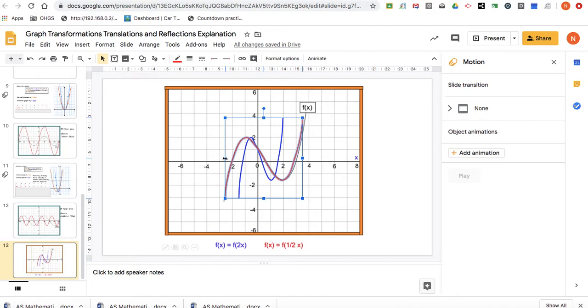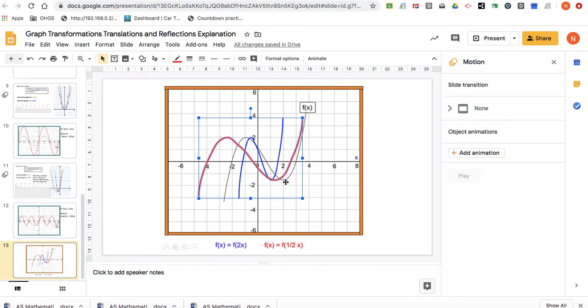So minus 4 halved would give me minus 2, and then if I put minus 2 in, I get 0. So that minus 2, 0 would become minus 4, 0 there. Okay? Again here, and it will alter itself when I change the graph in a minute, but if I was to put 0 in, half of 0 is still 0, so that coordinate here will be exactly the same.